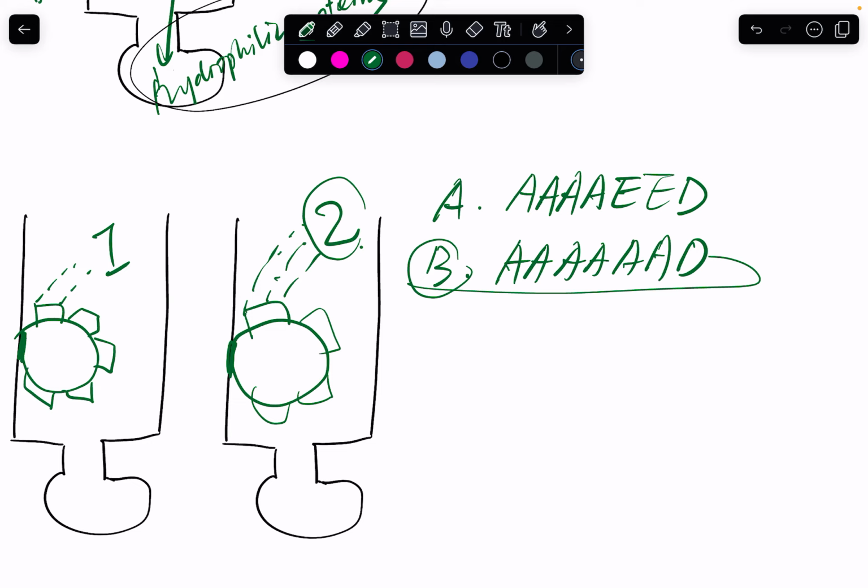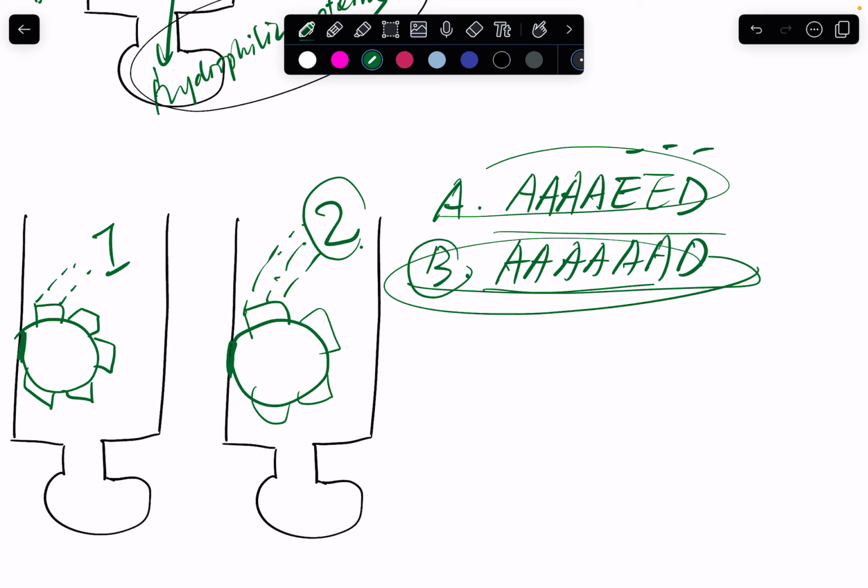So hydrophobic thing interacts with hydrophobic thing, right? According to the amino acid sequence, you see the more alanines in answer choice B, right? Here I have a negative thing here. So A is really more hydrophilic than B, okay? So protein 2, which is more hydrophobic, is of course answer choice B, okay? All right, so that's another way they can test you, right?